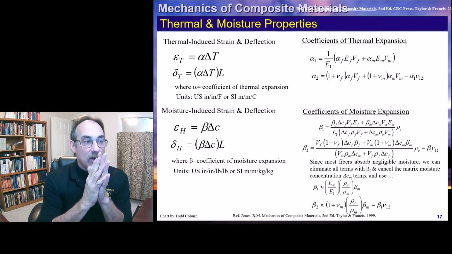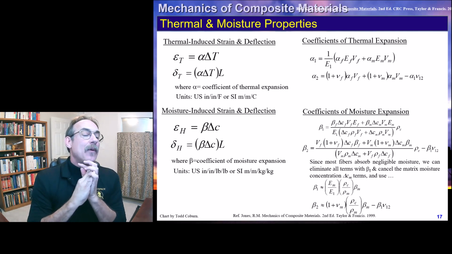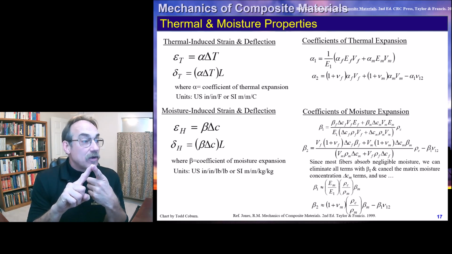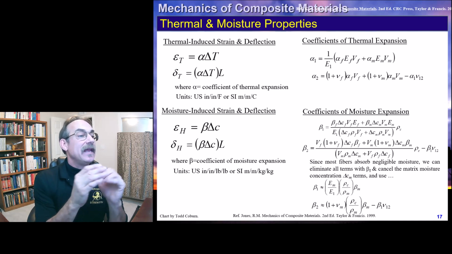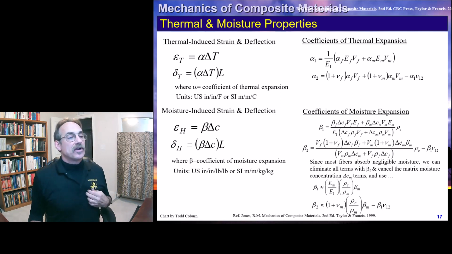It can cancel out of that equation. That simplifies our equations greatly, and now we can just get the matrix coefficient of moisture expansion and use that to estimate our one and our two direction moisture coefficients.